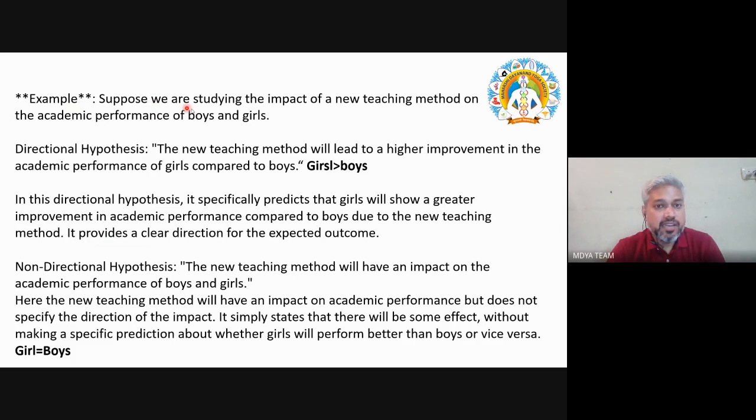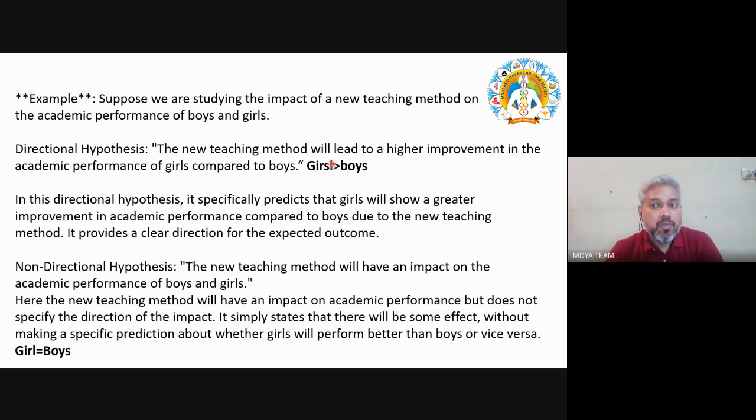Suppose we are studying the impact of a new teaching method on the academic performance of boys and girls. So what does the directional hypothesis say? That the new teaching method will lead to a higher improvement in the academic performance of girls compared to boys.